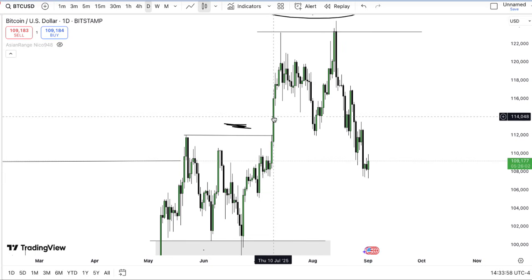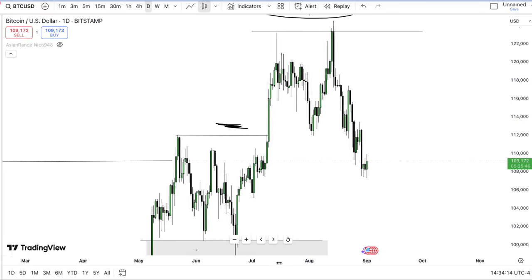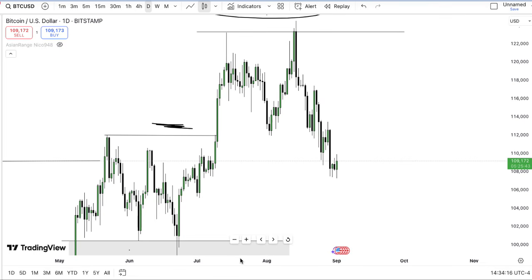It closed with a thick body, therefore indicating higher prices. Had it closed with a wick and the body remained inside, it would signify lower prices. So that's how we judge it.